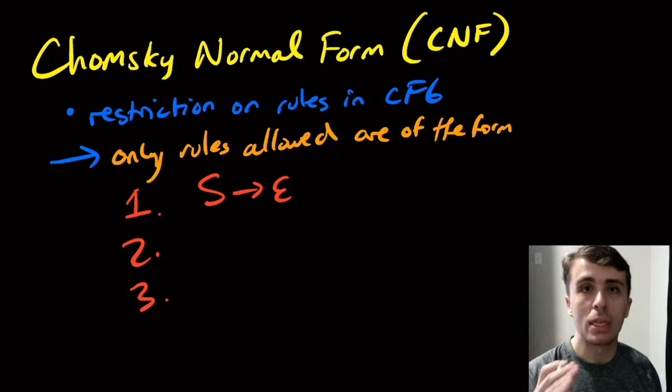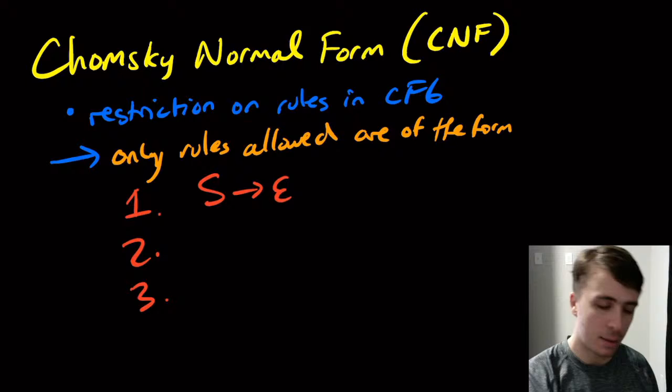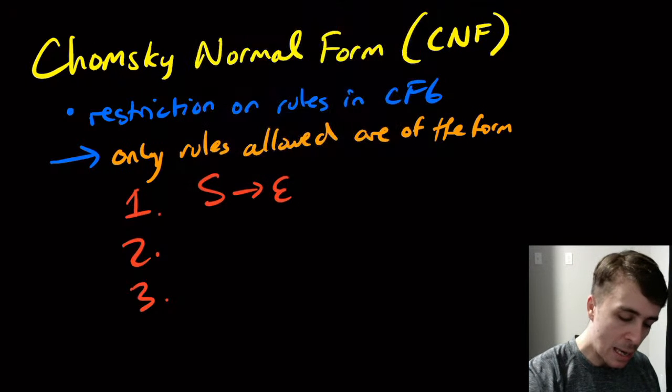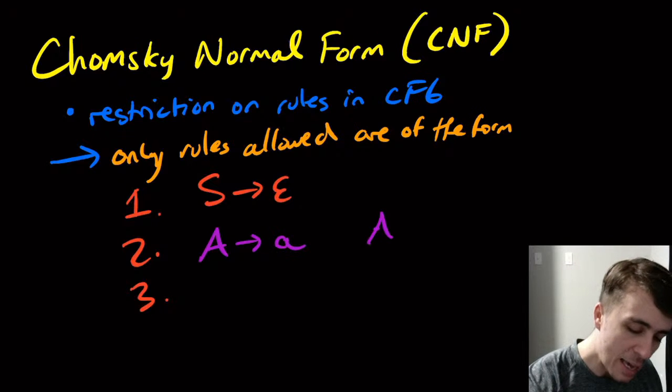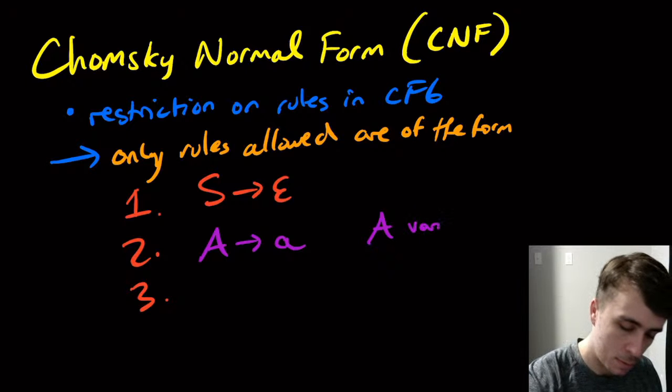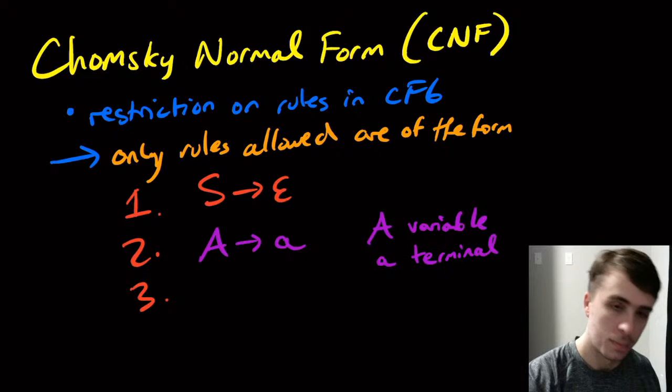That's the only type of rule that you can have making the empty string; no other variable can make the empty string. We can have a single variable making a single terminal and nothing else. So A is a variable, and little a is a single terminal and nothing else.